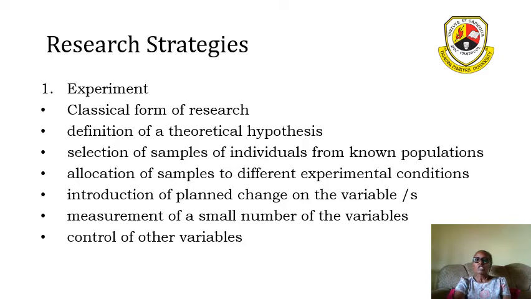This type of research involves selecting samples from a general population and placing them in a certain experimental condition, experimental environment. And then you begin to study specific variables concerning these sample individuals that you have selected.